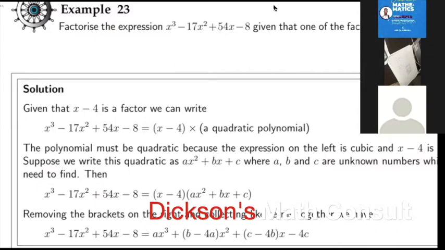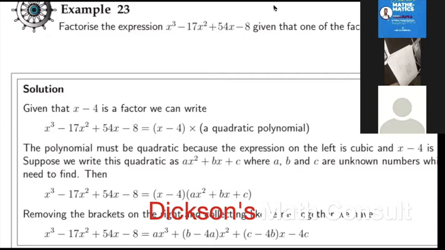So you always look out for your constant, and then based on the constant you have, from 1 to that constant, all possible values that can go into the constant, fit it inside the x. If you get 0, now it means that x is equal to that particular number.